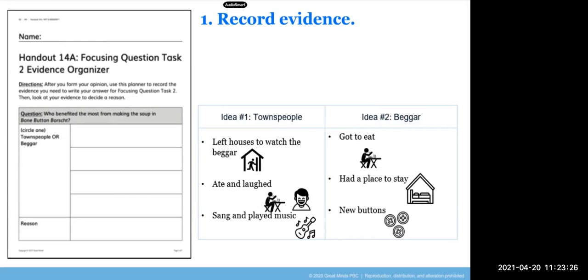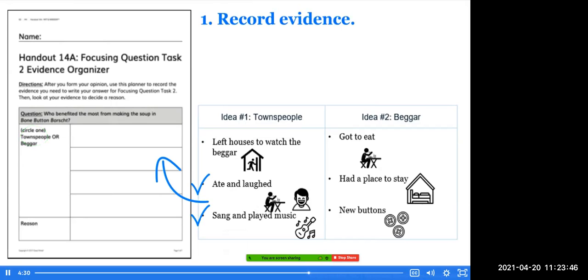So first, we will record evidence. If I selected the townspeople as the group who benefited the most, I would circle the word townspeople. And then I would choose at least 2 pieces of evidence from my evidence organizer to add to handout 14A.